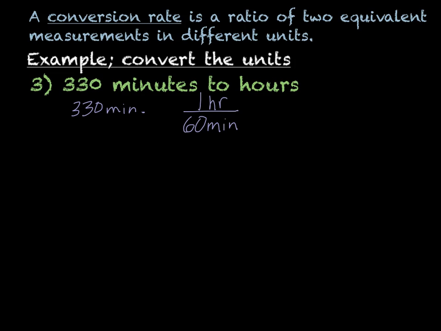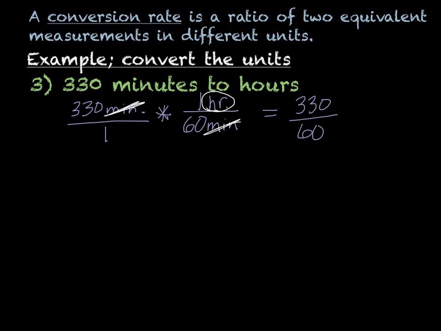So I'm going to put my minutes on the bottom because my 330 is on top, and I want my conversion, my rates, to cancel out. I want my minutes to cancel out, leaving me with just the hours. So I've got to put them on the opposite sides of the fraction bar. And then I can just multiply. So at this point, I have 330 over 60.